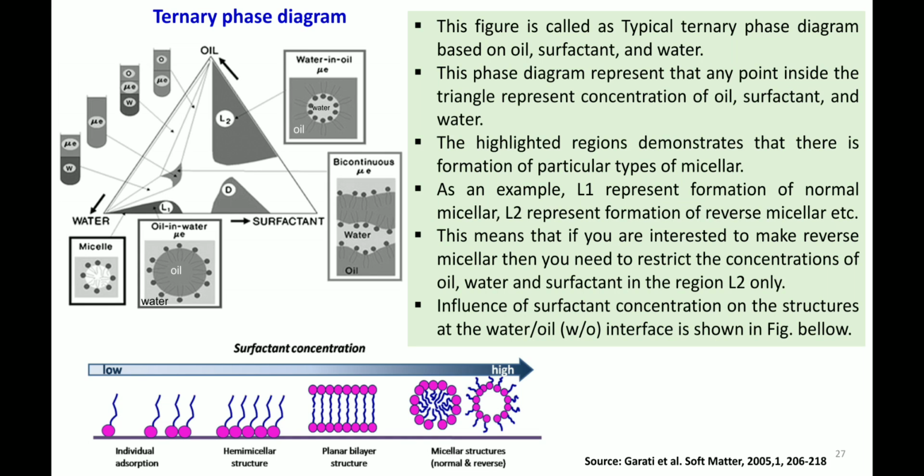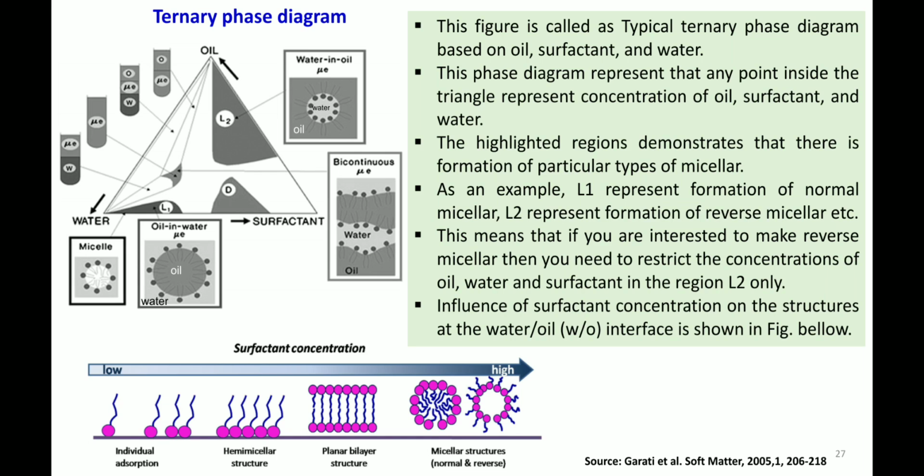As an example, the L1 region represents formation of normal micelles. Normal means oil is inside and water is outside. The concentration of oil is low, so O/W is the kind of micelle which we call a normal micelle.